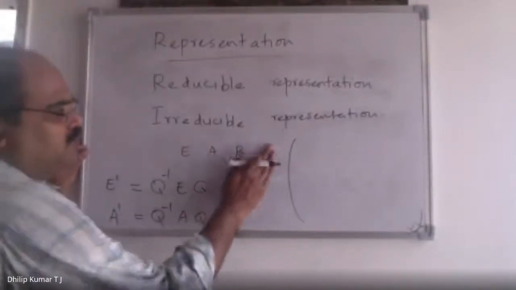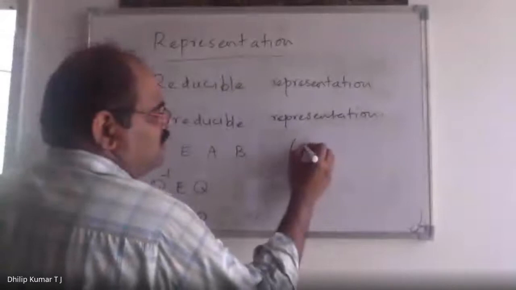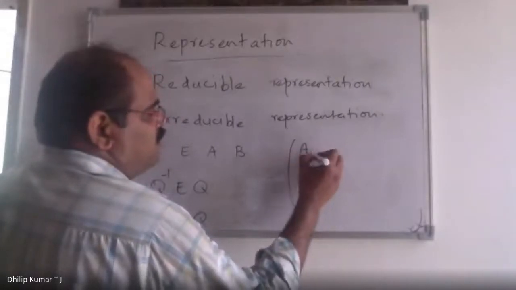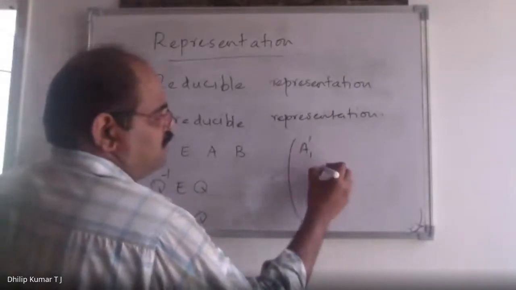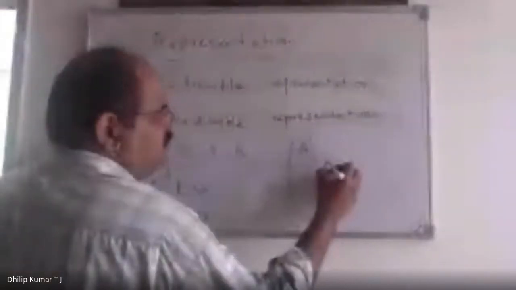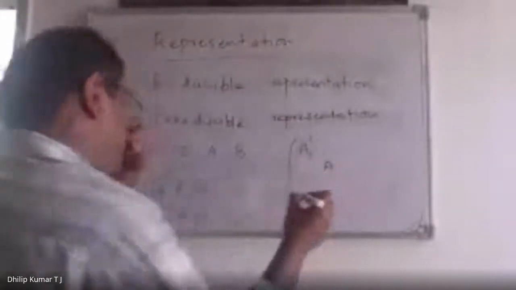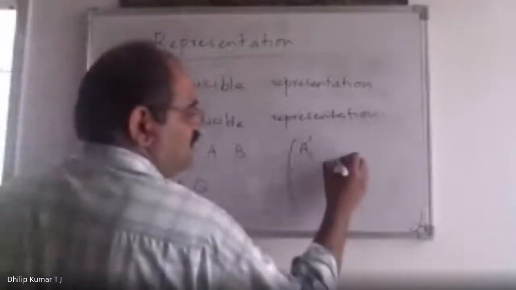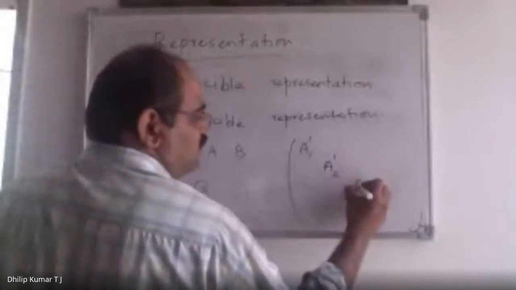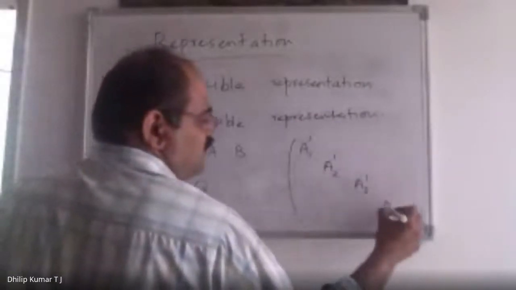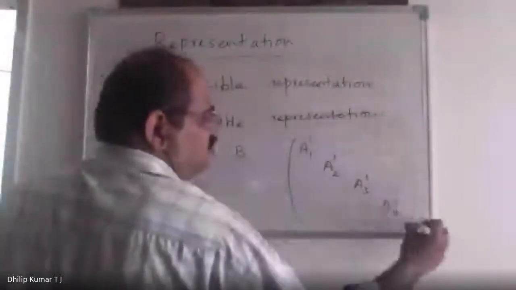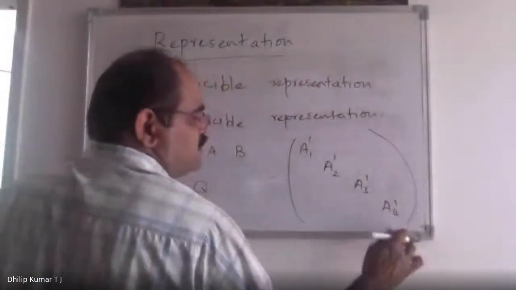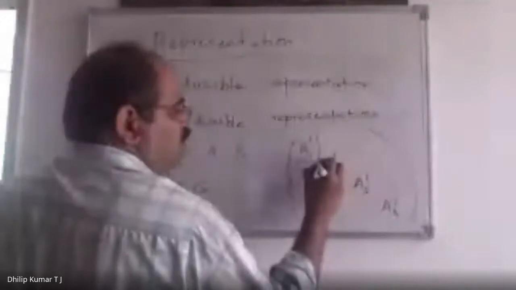To do that, A will convert into A1 prime, then A2 prime, then A3 prime, say A4 prime. So like that. Basically what we are trying to do is convert into a block diagonal form.